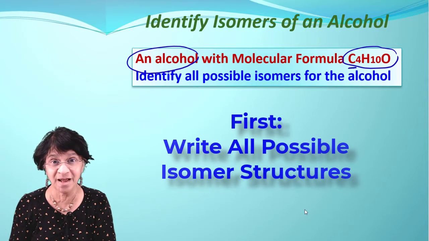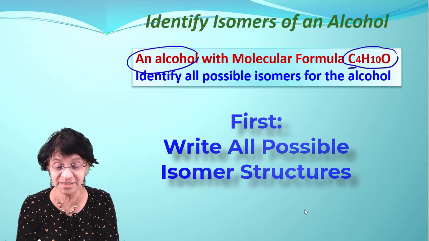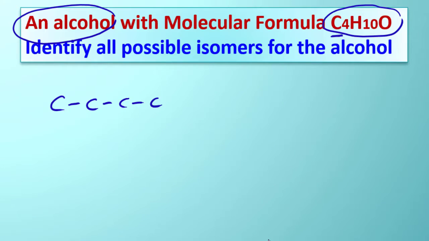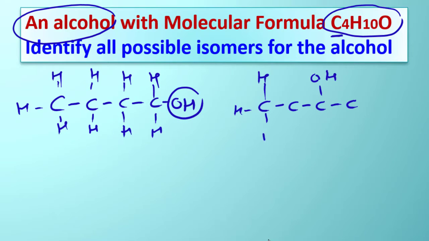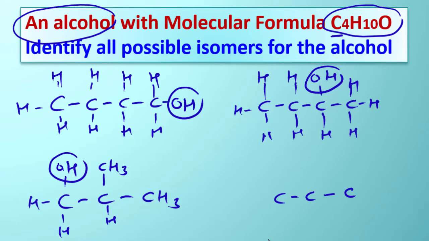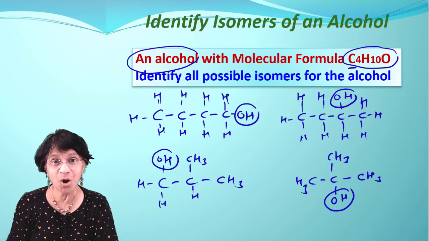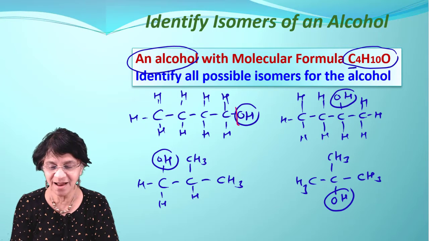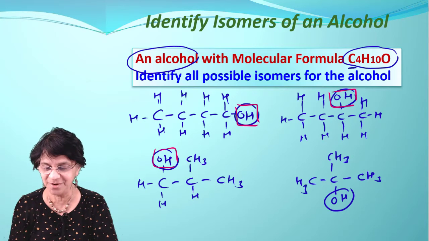Remember, the molecular formula has to account for all those atoms: carbon, hydrogen, and oxygen. So here we go. So there you go. We got all those 4 isomers and look at the OH group position, location. That's a different place.